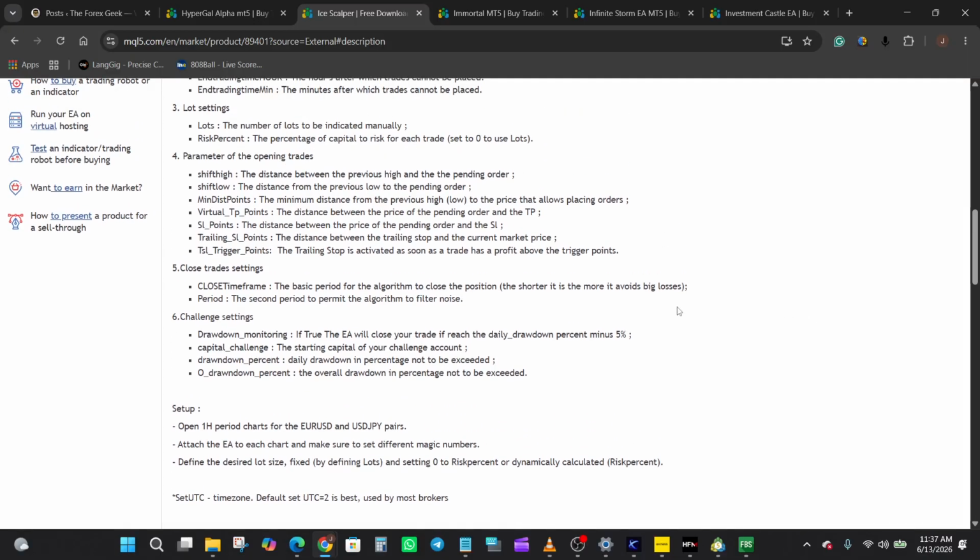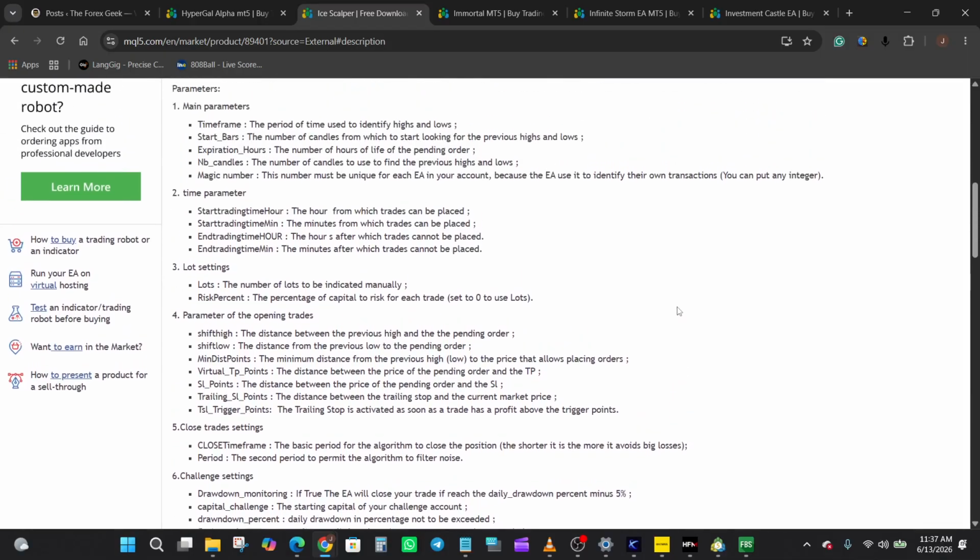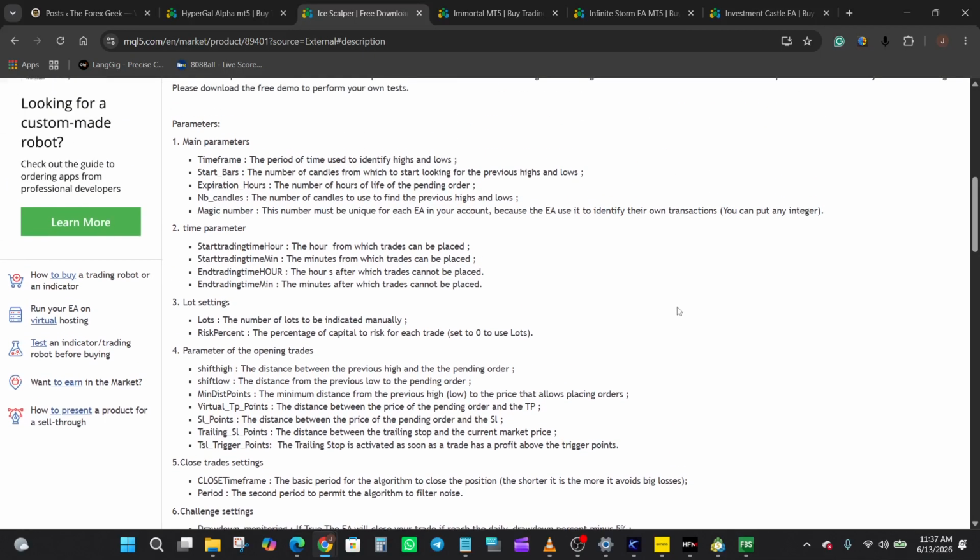Looking at the inputs, there are quite a few customizable options available. Users can control how highs and lows are identified by adjusting parameters such as time frame, starting bars, and the number of candles used for analysis. There are also trading session controls that allow you to define when the EA can and cannot place trades.